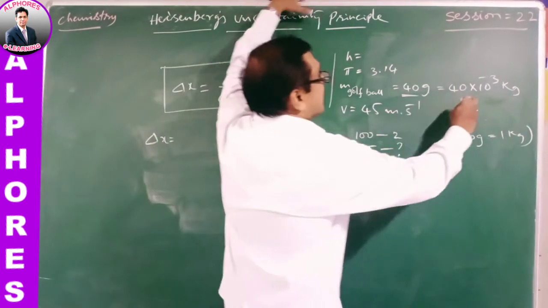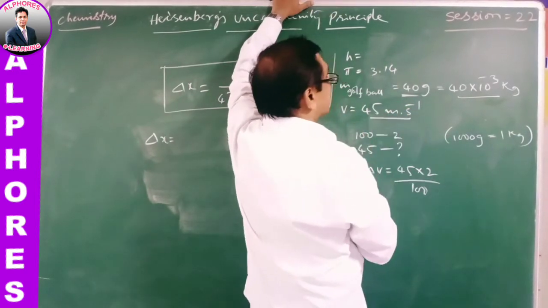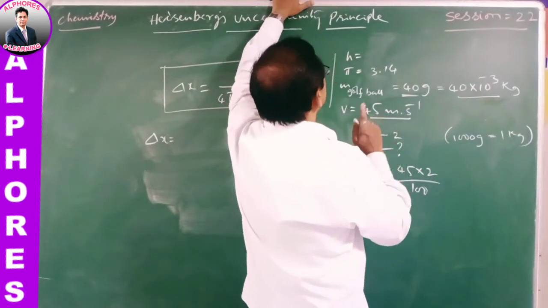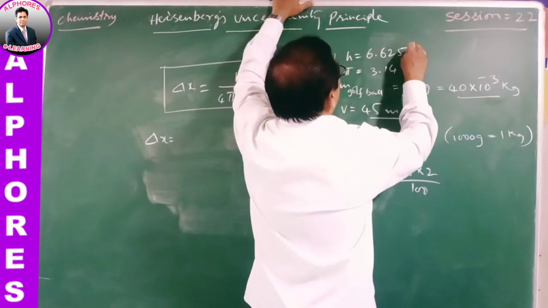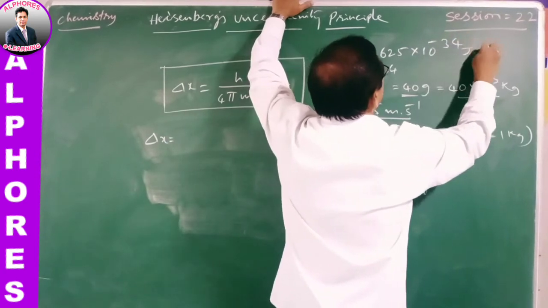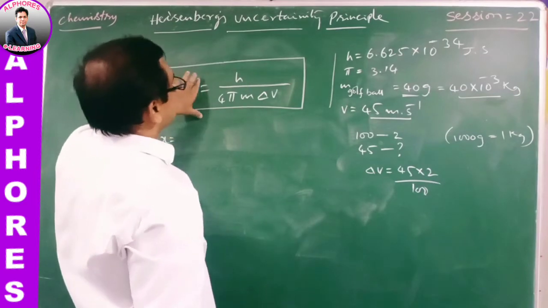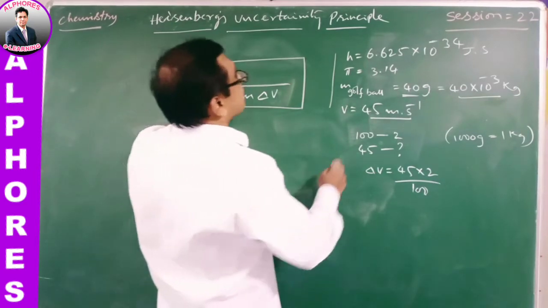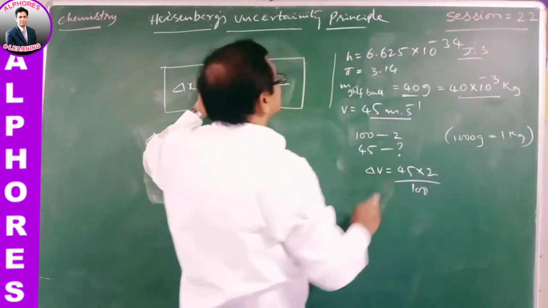It is in kg, which is an SI unit, and the velocity is given in meters per second, which is also an SI unit. Next, Planck's constant value is 6.625 into 10 to the power minus 34 joule seconds. Now once again let us verify the data. H is Planck's constant in joule seconds, SI units.